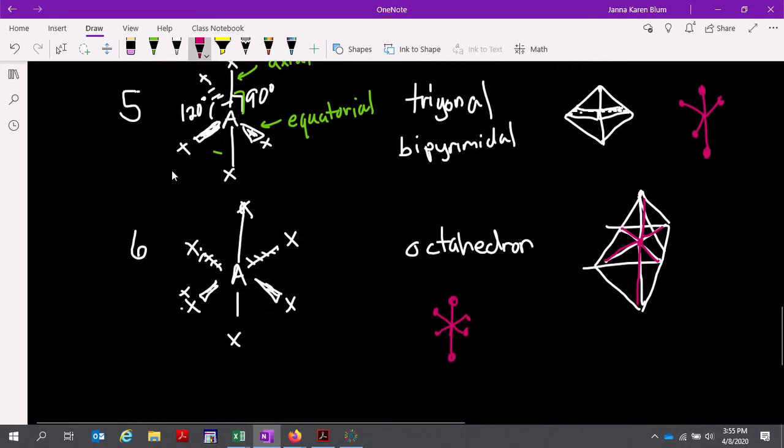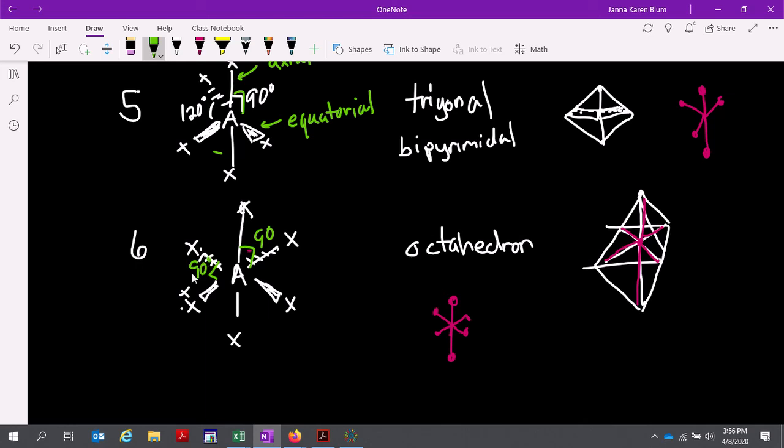And then I realized we didn't do the angle here on octahedron, but the angle for octahedron is 90, again to kind of that equatorial portion, but it's also, because it's the center of a square, 90 all the way around.